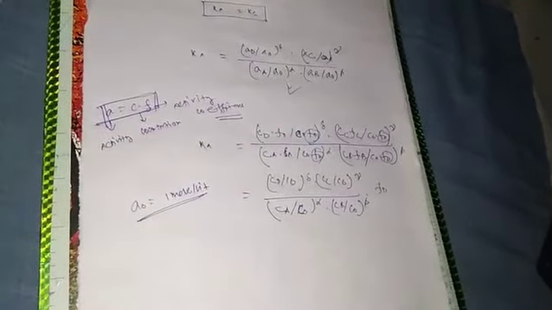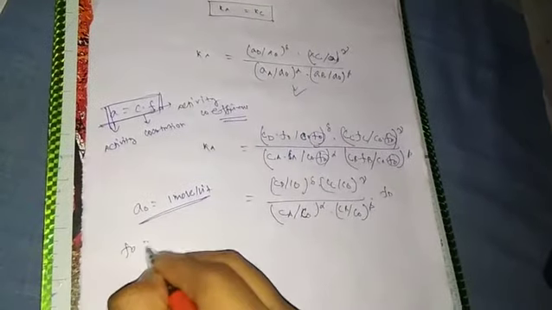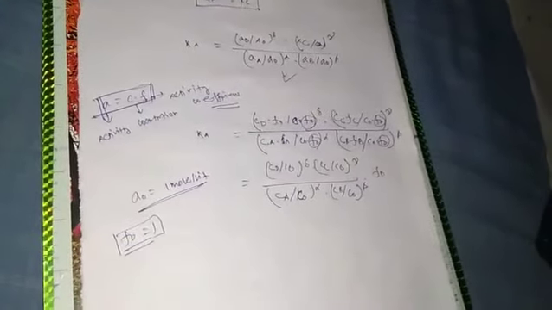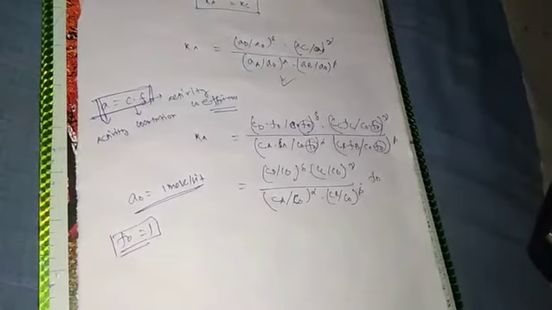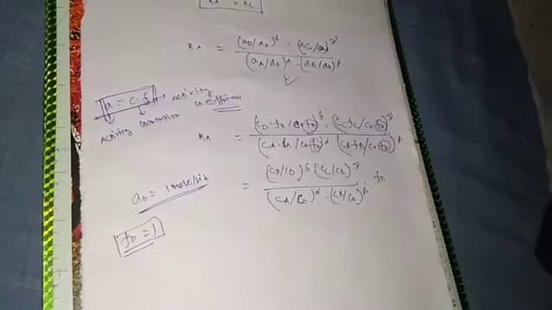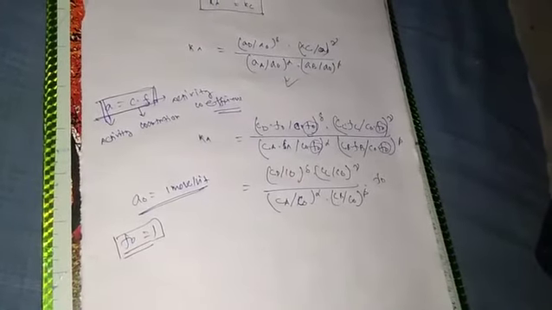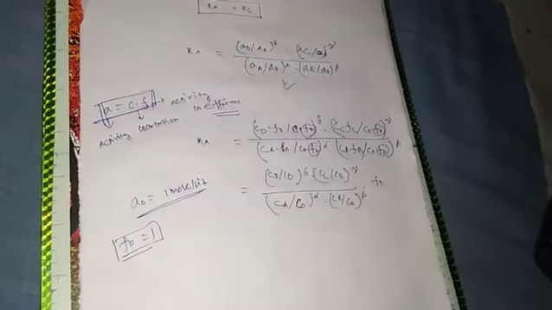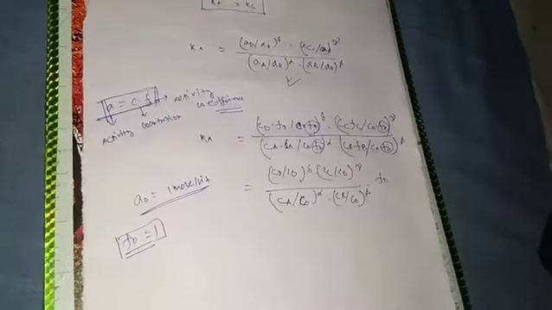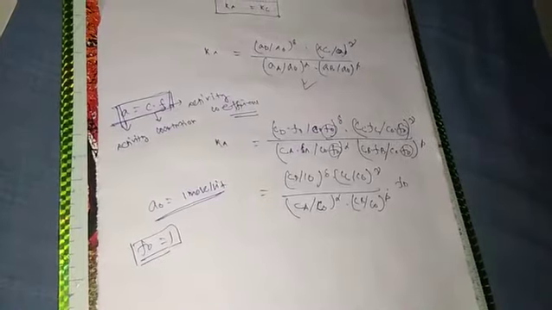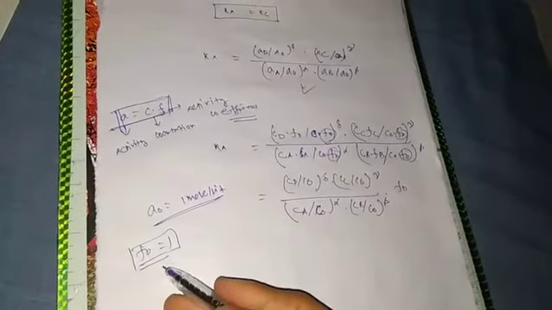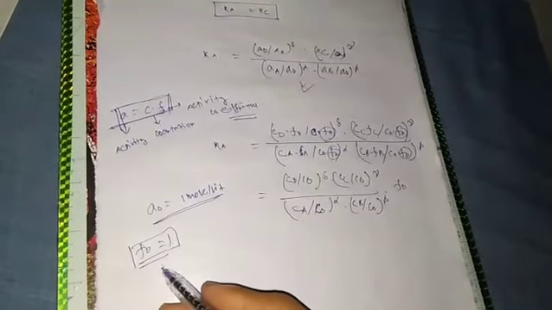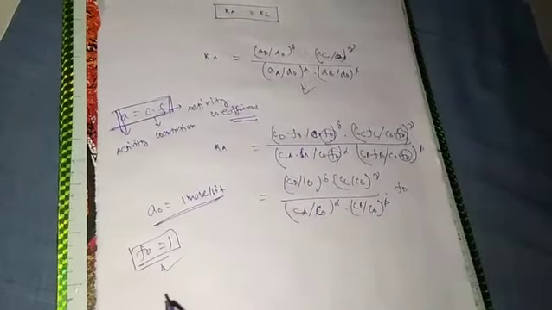So here F0 equals 1, because the standard value of A0 is applicable in dilute solution. So F0 is 1, and we know that for dilute solution F0 is always 1.